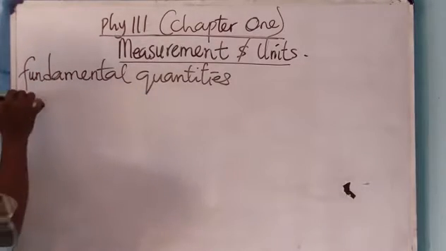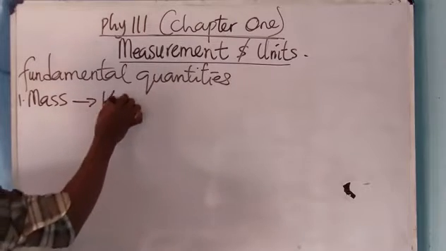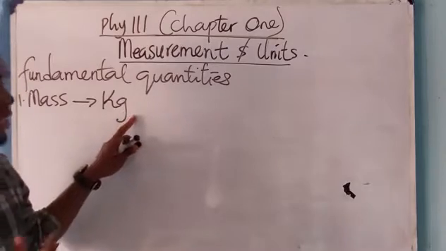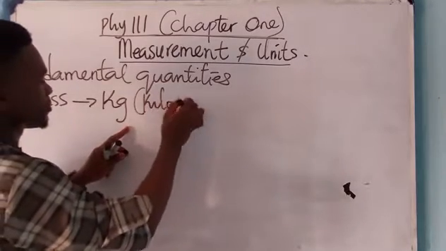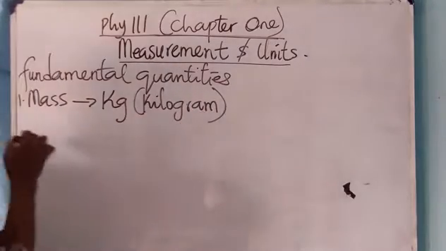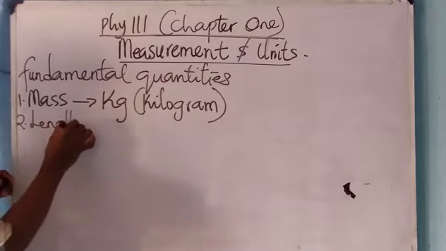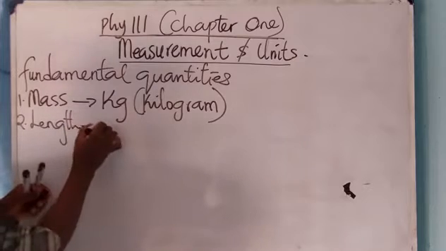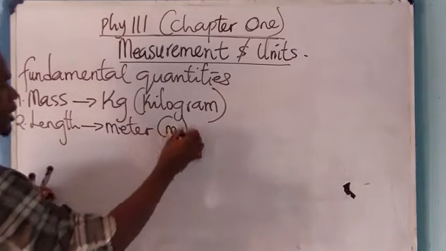We have the mass. The mass, of course, is measured in kg, and kg in this case does not stand for kindergarten. It represents kilogram. Number two is length. Length is the second fundamental quantity, and the SI unit is meter, a small letter m.